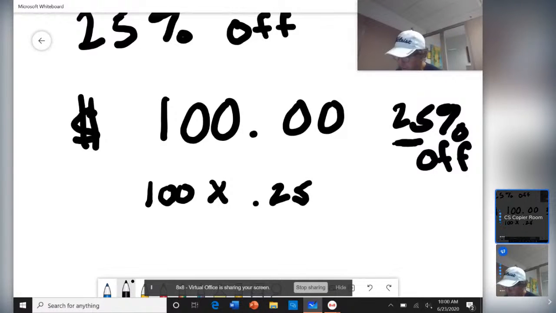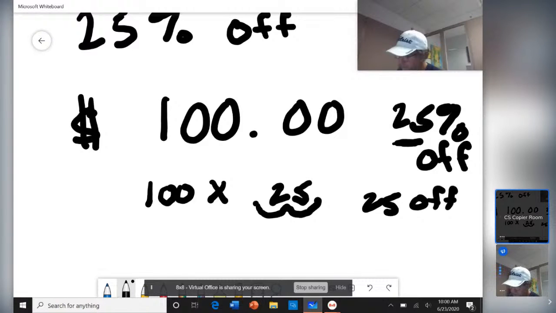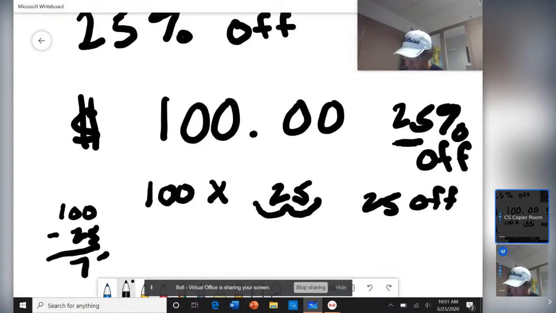So all we're going to do is move the decimal point 1, 2, and that's going to be $25 off. Then you would subtract 100, that's the original price, minus 25, and those shoes are going to be $75. That's what 25% off of 100 would mean.